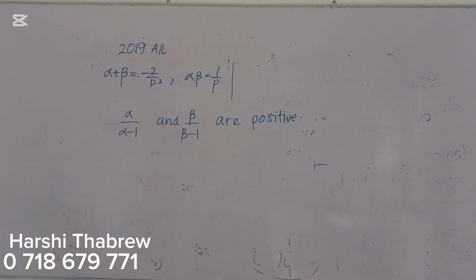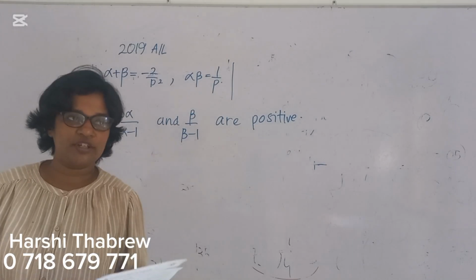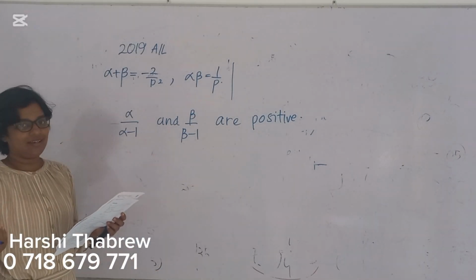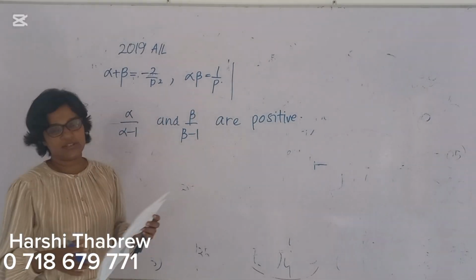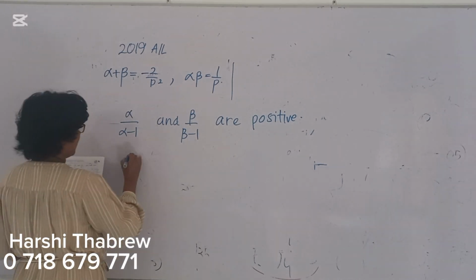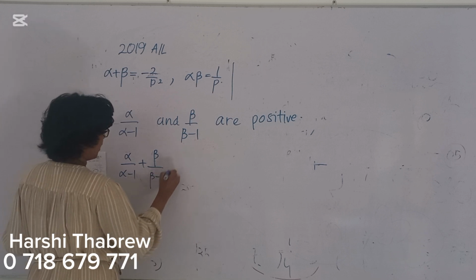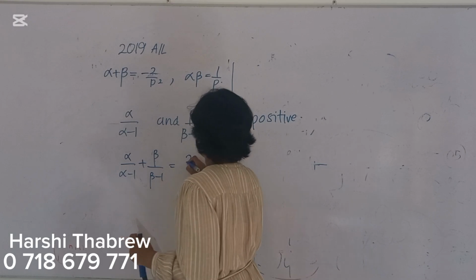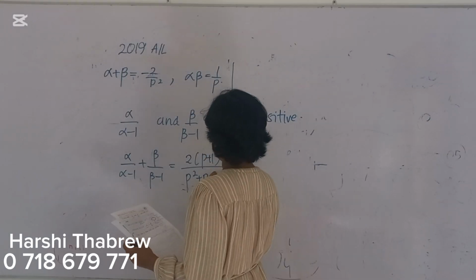You know, by finding the sum of these two roots, if the sum is positive and if the product of these two is positive, then we can decide that both of the roots are positive, right? Okay, let's see. Alpha over alpha minus 1 plus beta over beta minus 1. This is the middle term of the quadratic equation. It is 2 times p plus 1 over p squared plus p plus 2.